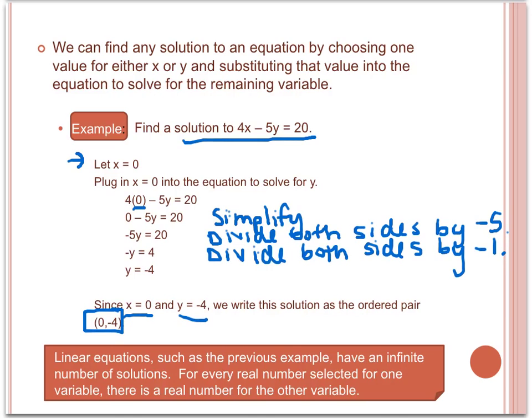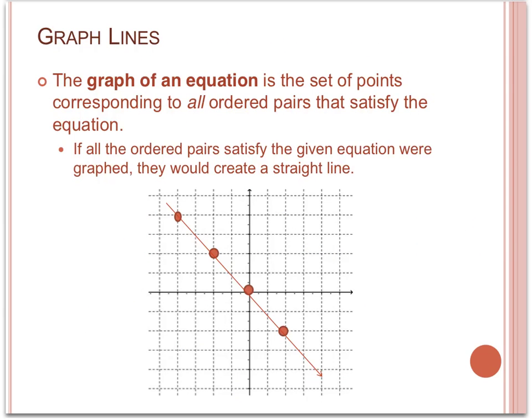Other linear equations, similar to this example, have an infinite number of solutions. For every real number we select for one variable, there is a real number for the other variable. To graph an equation, we connect the set of points that correspond to all ordered pairs that satisfy the given equation.